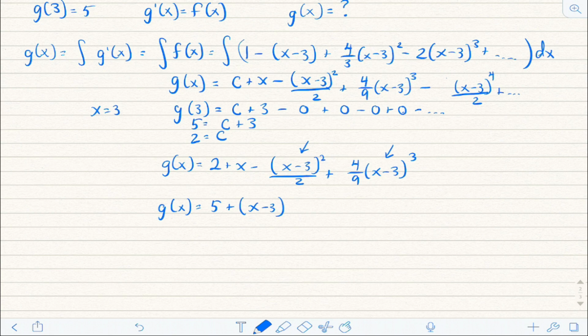And then minus (x minus 3) to the second power over 2 plus 4/9 (x minus 3) to the third power. Okay, so this is going on rather long. I'm at about 16 minutes. I'm going to stop right here, and I'm going to finish up part C in a little bit.